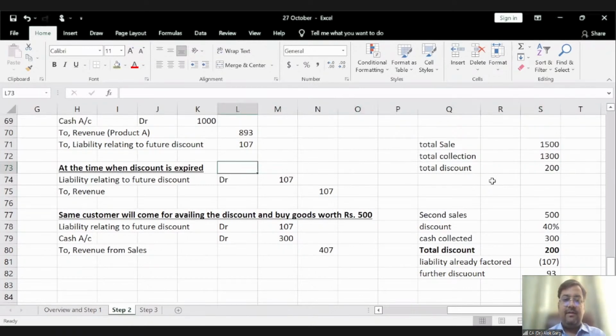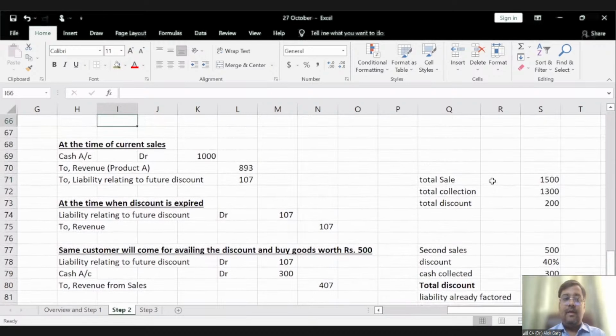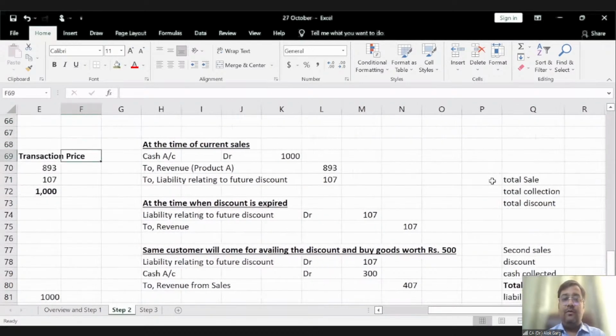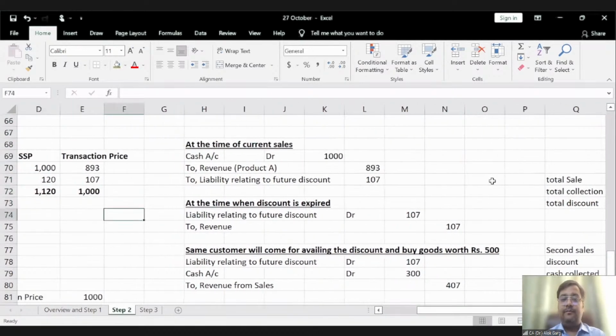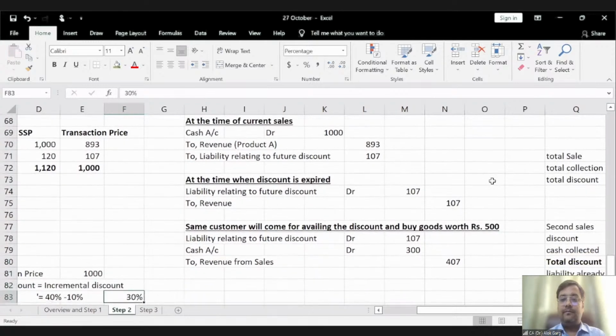Is it clear, friends? Yes or no? I hope it is clear to all of you. Ashwini, cash will not be debited by 500, na?